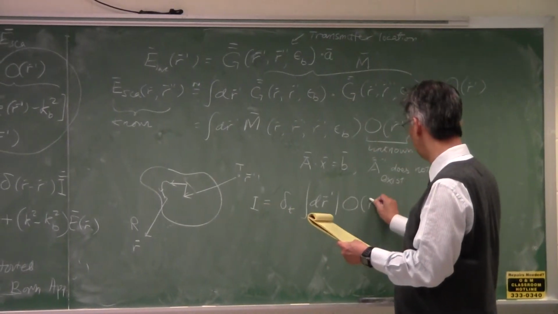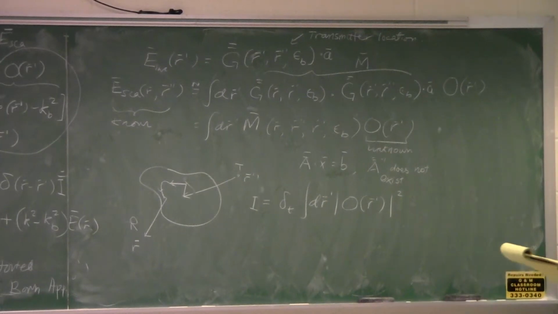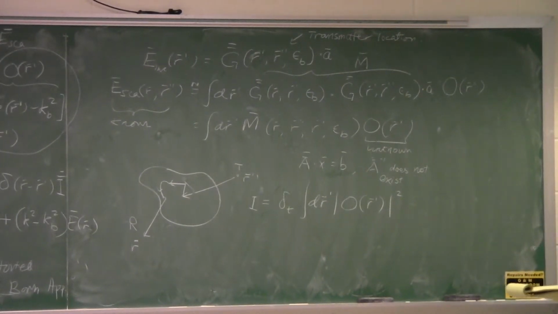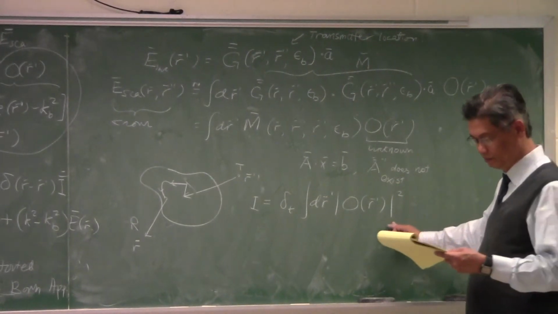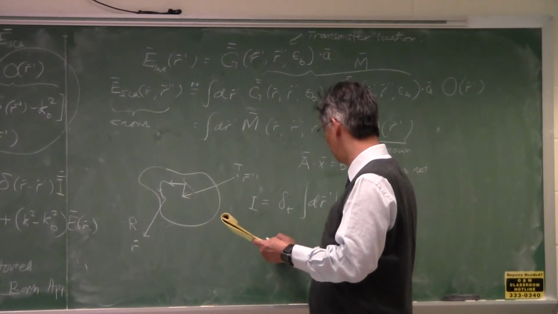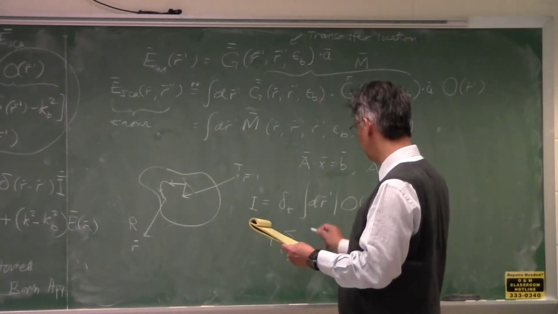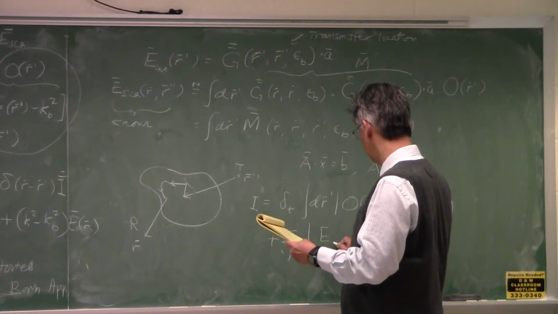This part here can be modified accordingly. Okay, you can write a function of I that is proportional to the norm of the unknown plus the solution to this integral equation and its norm. Okay, and a sum over all possible transmitter and receiver locations.